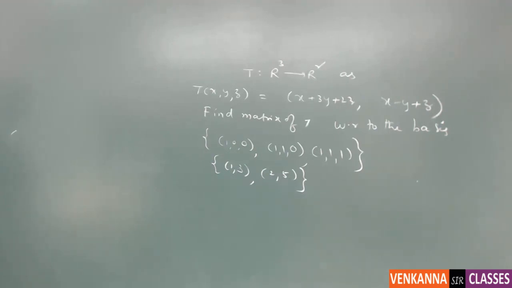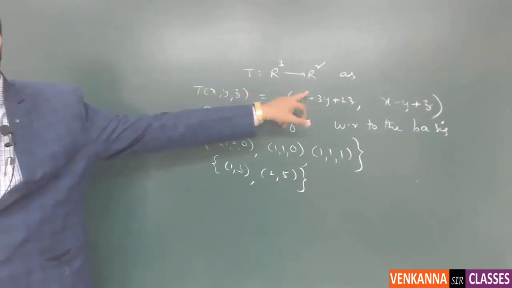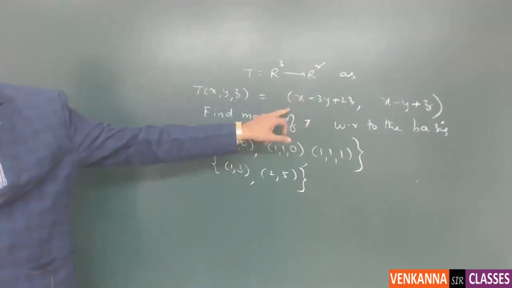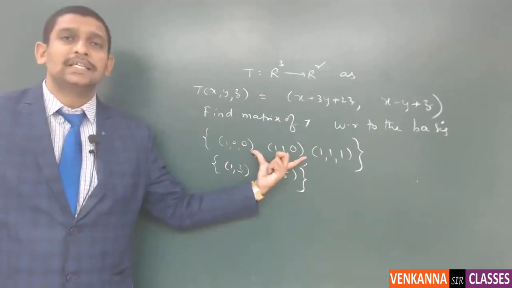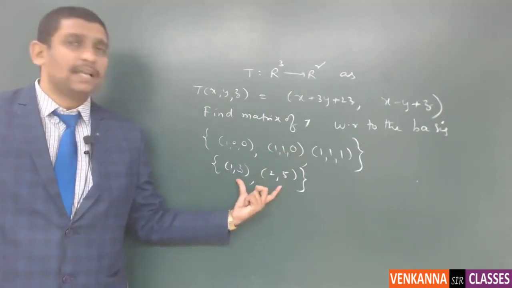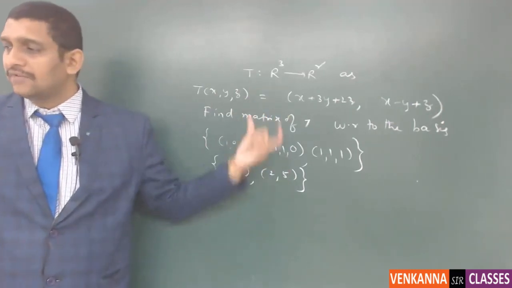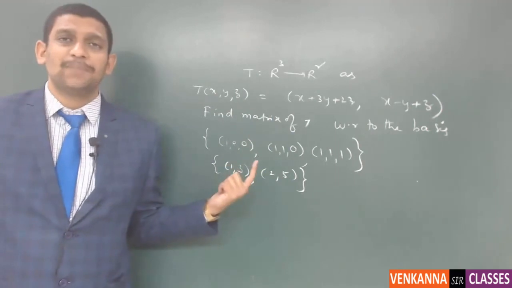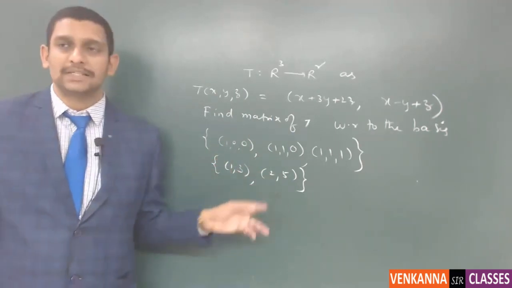Now here I have a function T and I have two bases. If you observe, you are converting a 3D vector into a 2D vector by means of this transformation. So this is the domain basis and this is the codomain basis. Looking at the procedure given earlier, the first step is to find a linear combination for the codomain basis.